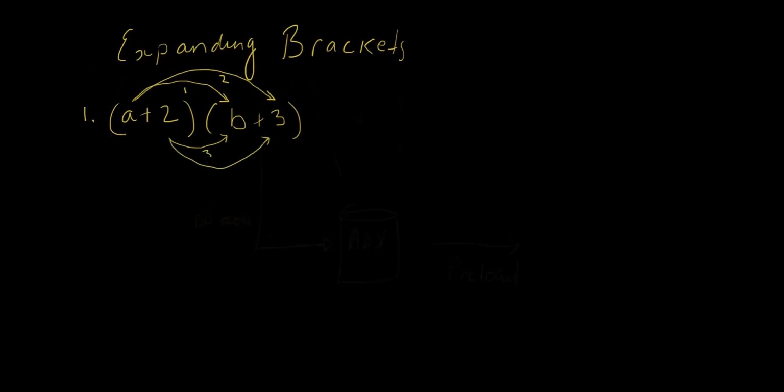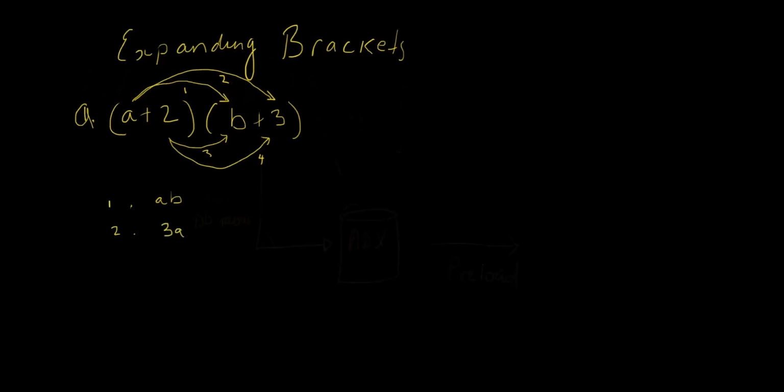Very good. So when we expand it out, the first item becomes ab. The second item becomes 3a.